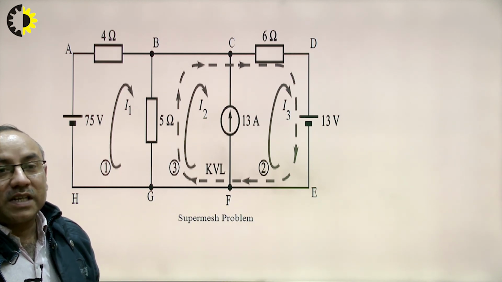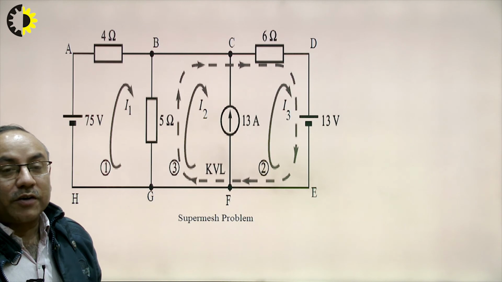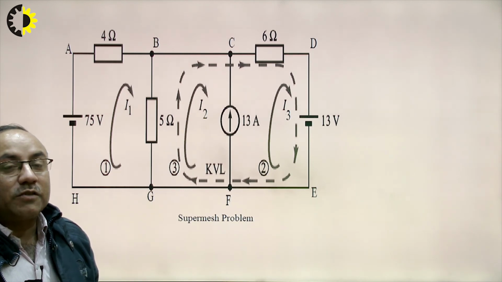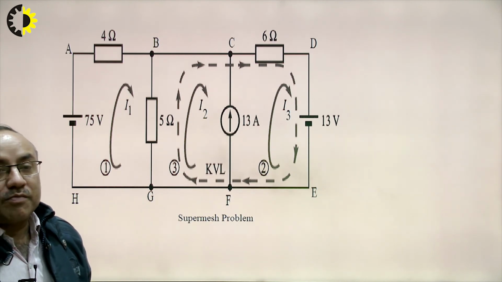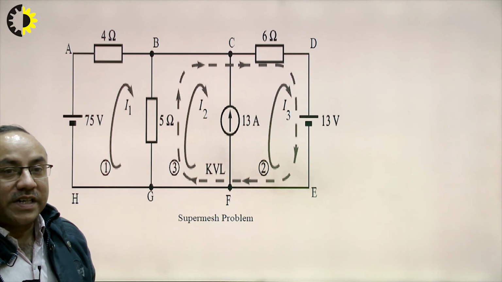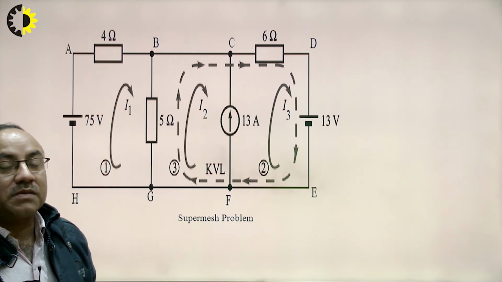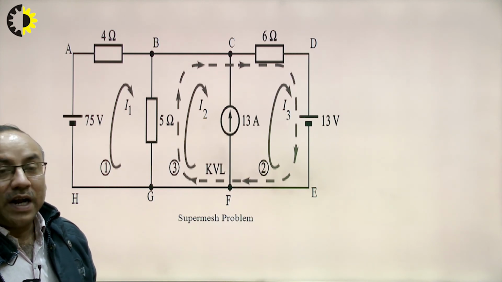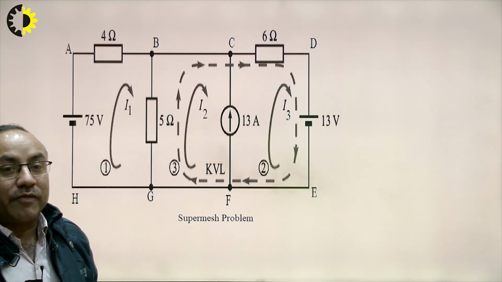Now, in this branch CF, the I2 current, as per the orientation we have assumed for the mesh current I2, is going in the downward direction, and the I3 current, as per the orientation we have assumed, is going in the upward direction. So, the net current in branch CF in the downward direction is I2 minus I3, or in the upward direction it becomes I3 minus I2, and the 13 ampere current is also in the upward direction.